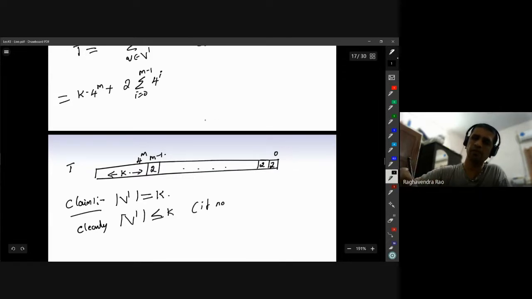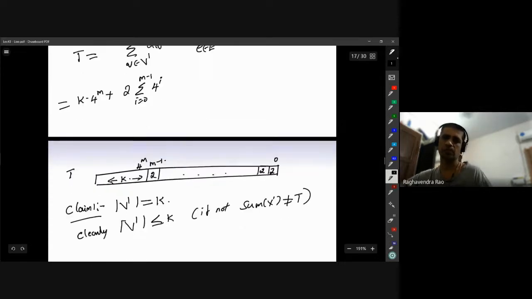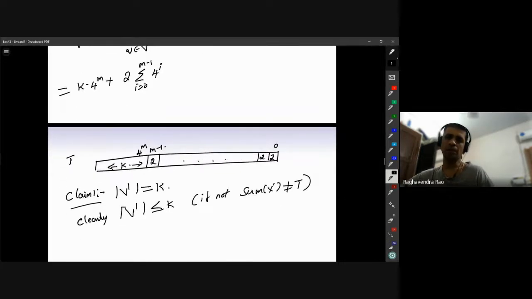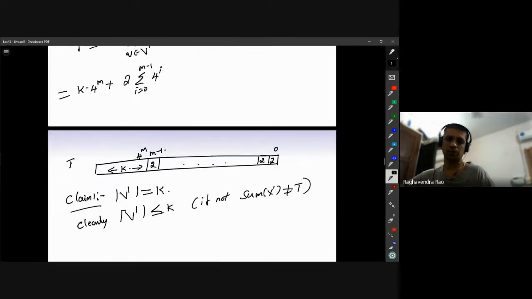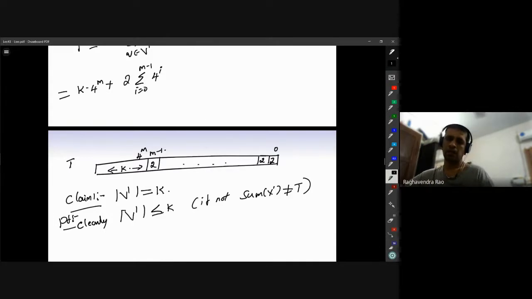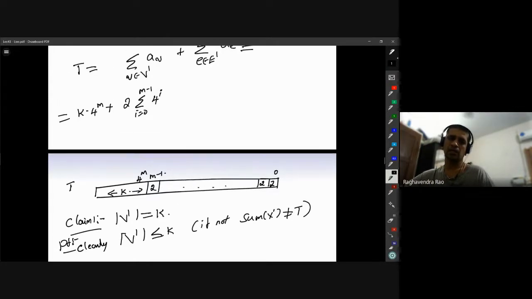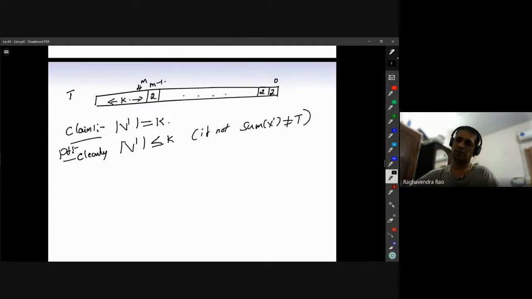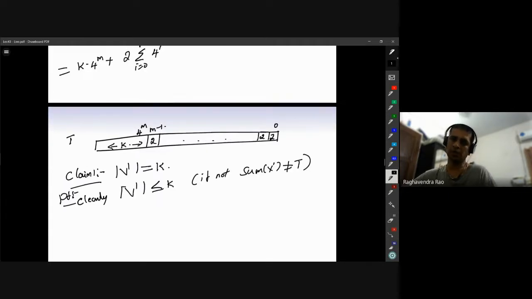If not, sum X prime will not be equal to T, it will be in fact greater than T, right? That is how the numbers are chosen. Now we prove that it is in fact equal to k. So let's see how it is. It's less than or equal to k is clear.